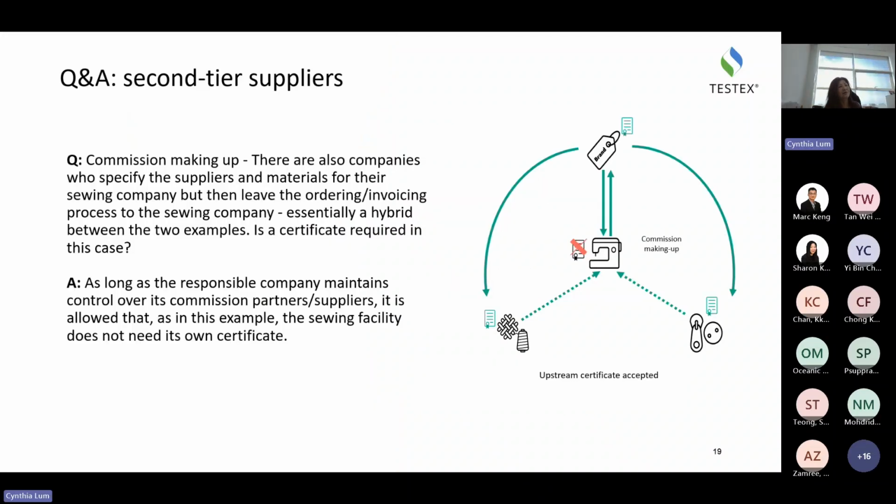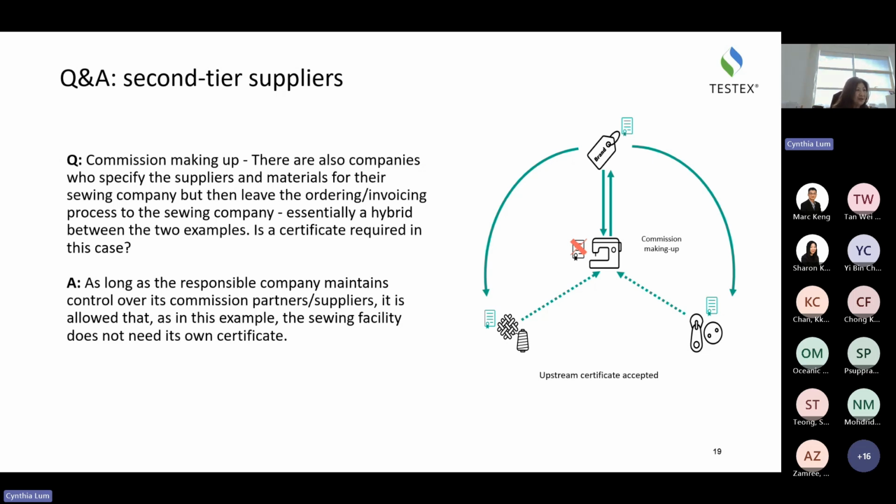So I will provide you some examples here. On this slide, you can see that this is a commission making up. So there are companies and brands who specify their supply chain. You need to purchase this component from this supplier or that accessory from this supplier.